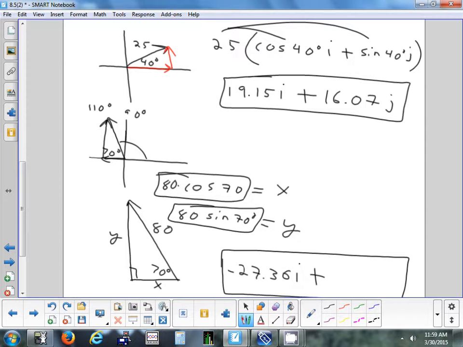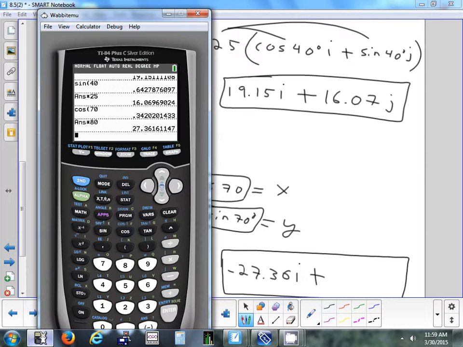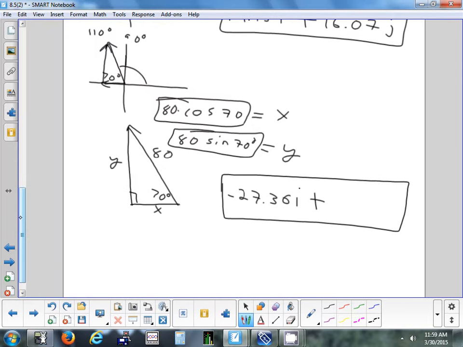Vertical, still positive. Okay, 80 sine 70, 75.16.